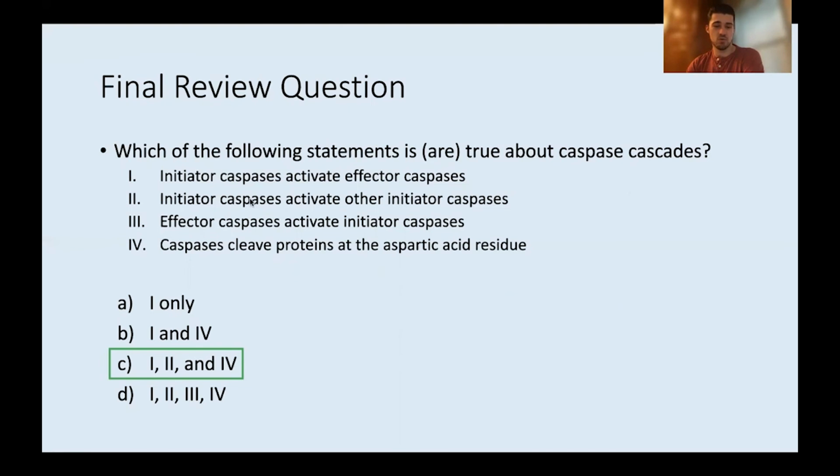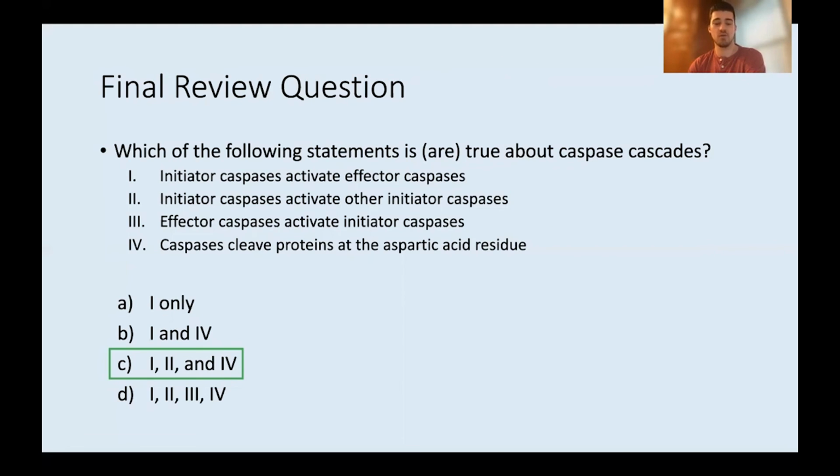So since we know that 1 and 2 are correct, we can automatically eliminate A and B because 2 is not a part of their answer. When we look at Roman numeral 3, the effector caspases activate initiator caspases. That's not true. The effector caspases are the ones that are actually carrying out the catalytic effects of apoptosis.